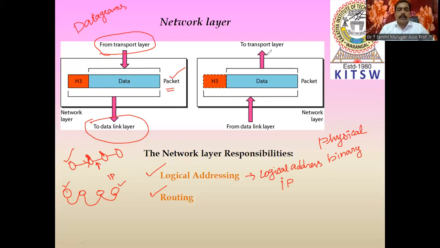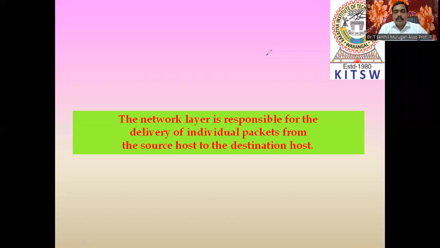This is the primary role of the network layer. The network layer is responsible for the delivery of individual packets from the source to the destination. Again, remember, it is not hop-to-hop delivery. It is source to destination delivery.